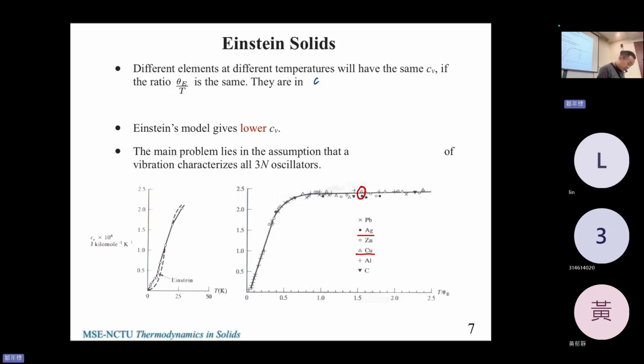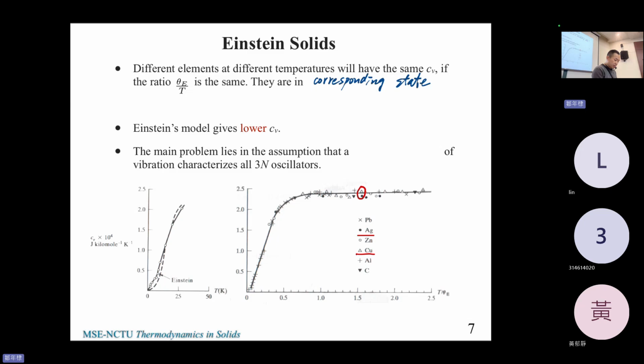Well, this is not a really important thing, just a terminology explanation, all right? So if they have the same ratio but different elements, they may have the same CV.